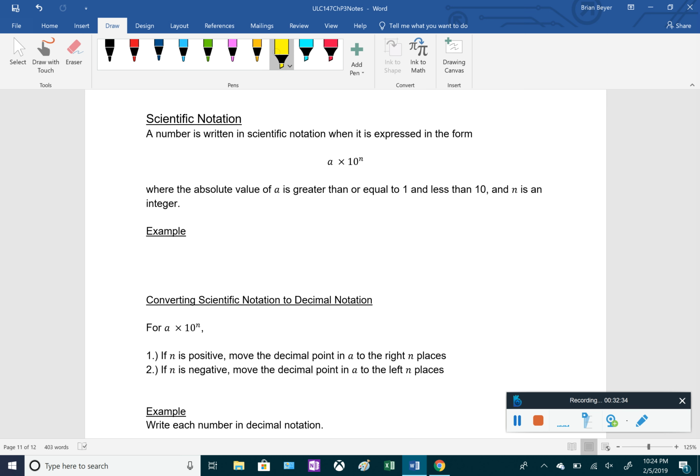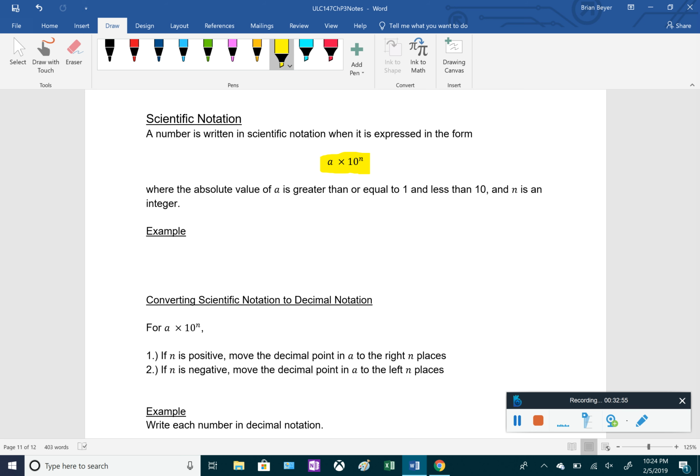When it's expressed in this form, it's going to be a number a, where the absolute value of a is greater than or equal to 1 and less than 10. So it's like between 1 and 10. The absolute value is between 1 and 10. So it's written as that number times a power of 10, so times 10 to a power.